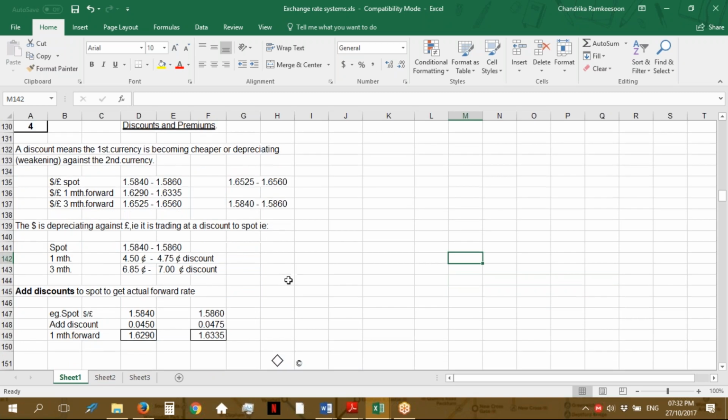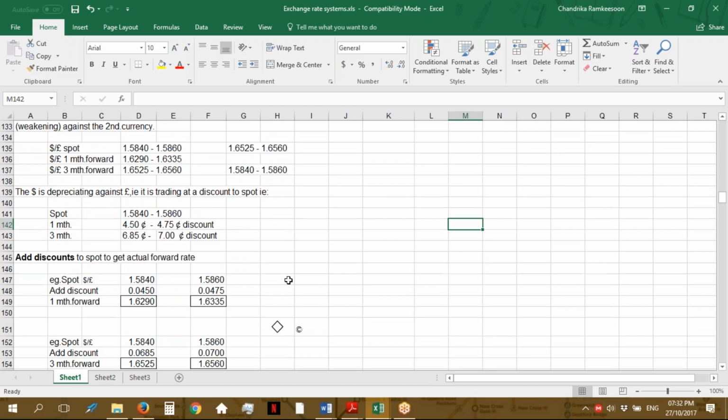Now, if the examiner gives you a spot rate and says the currency is expected to trade at a premium, it means that rather than using these as discounts, you need to use them as premiums.